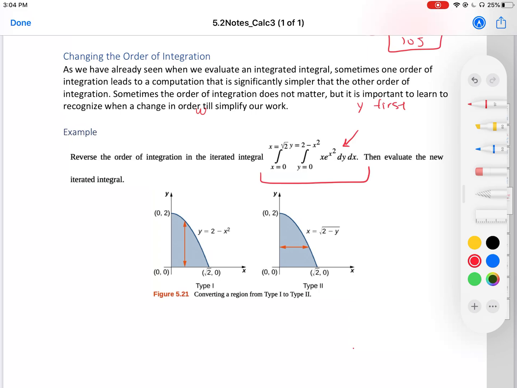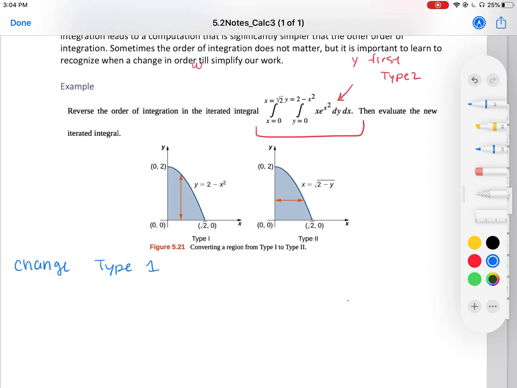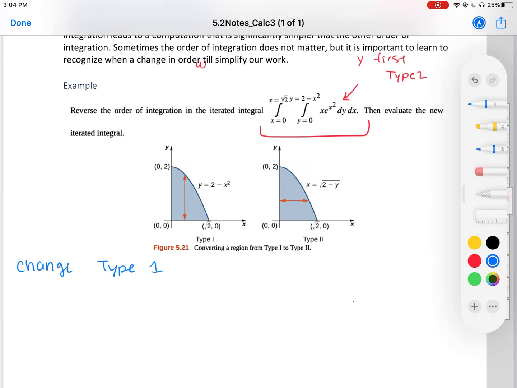So this tells us that this is type 1, meaning we have our argument in terms of x. I said that backwards.